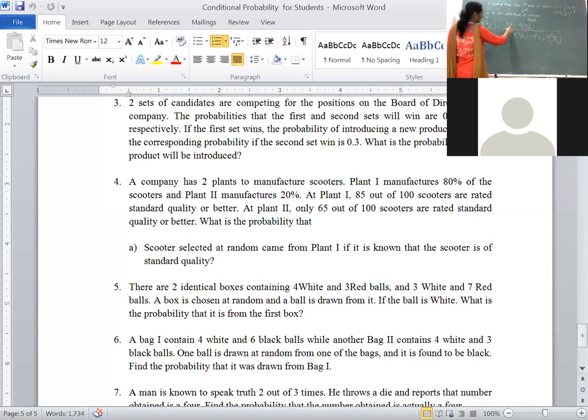This value we know. What is the value we have to calculate?